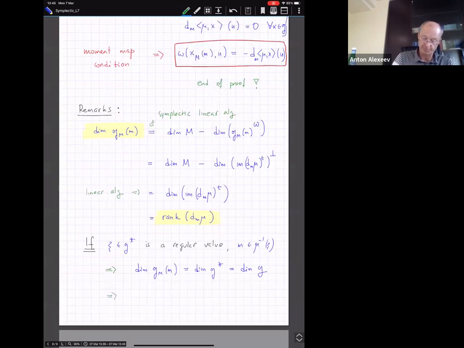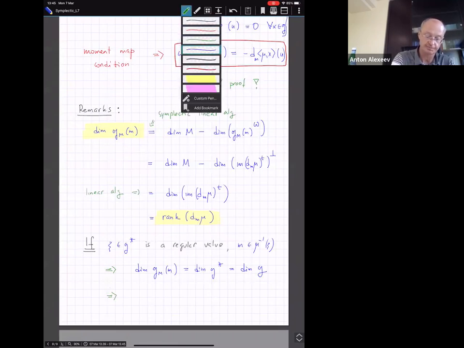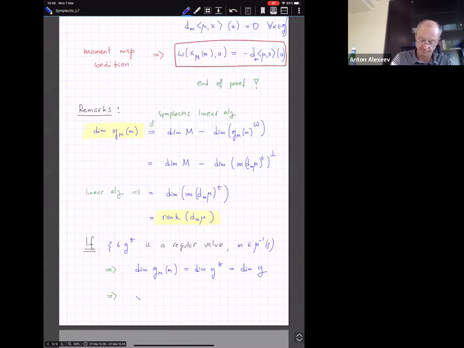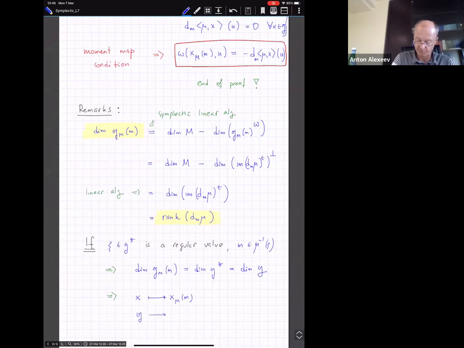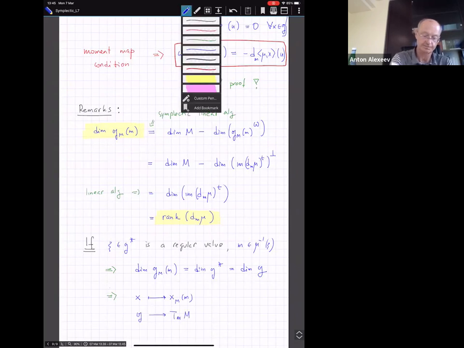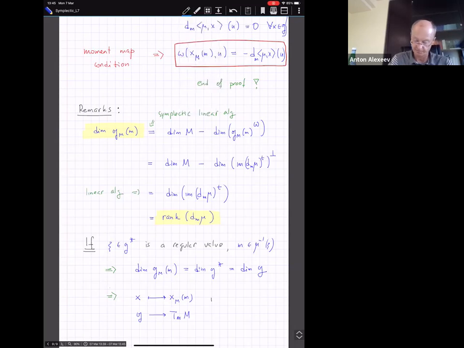And this also implies that this map x to x_M(m) from g to T_mM is injective, right?